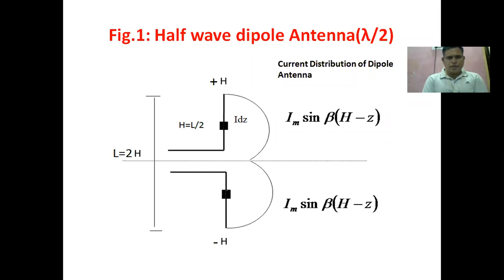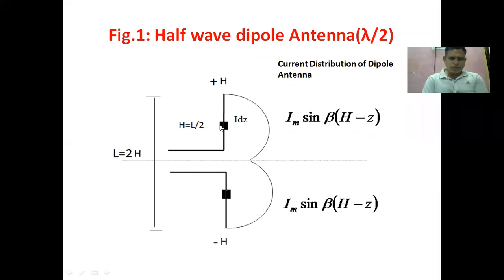For this dipole antenna, we are assuming that the current distribution is sinusoidal. Therefore, here we are considering a small portion of this antenna.